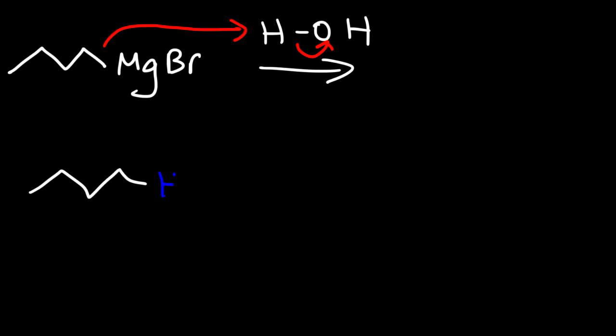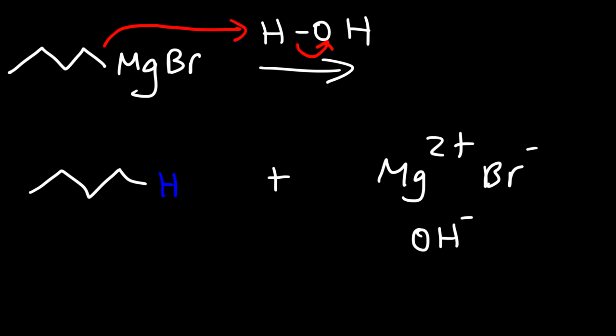And so basically you're going to destroy the Grignard reagent. And then you're going to have your Mg2+ ion, bromide, and also hydroxide, which will all be dissolved in water if you react the Grignard reagent with water. And so with any type of acidic compound, the Grignard reagent could act as a base and deactivate itself.